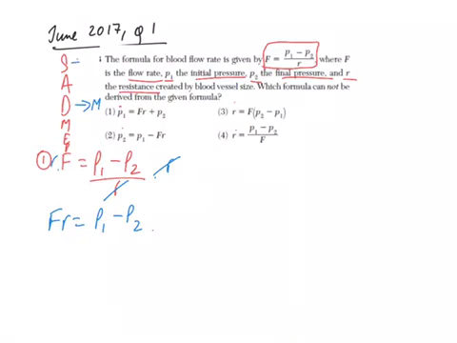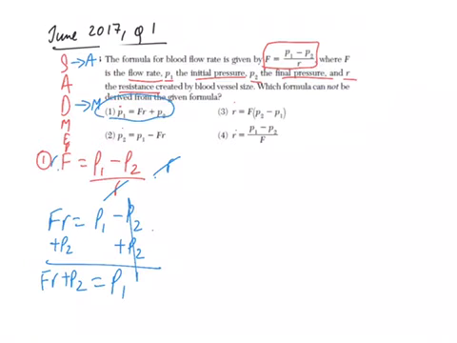Now we see a subtraction. What's the opposite? Addition. So let's see if this is what we get. FR plus P2. So this is true. Okay, let's do choice 2. For choice 2, I'm going to copy this result because this is the same step.